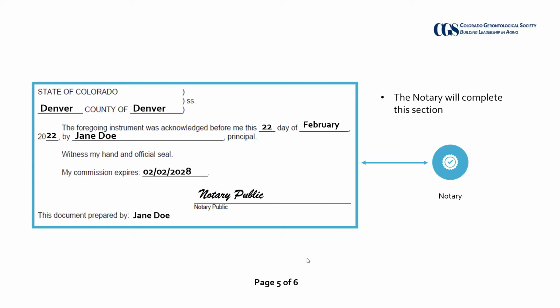I have another question. If you do a new form, what happens to the previous one? Does it automatically become void? One of the things that you want to do is, once your form is completed, give copies to the appropriate parties. We'll cover that in a second. If we change a power of attorney, we want to make sure that we are communicating with the individual: you're no longer my power of attorney, I have changed this.